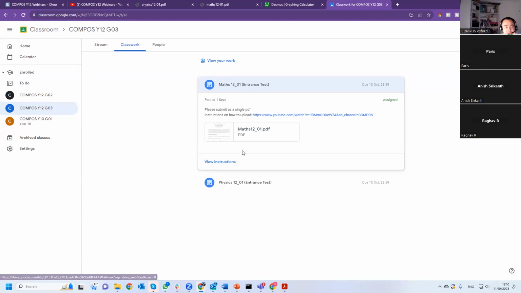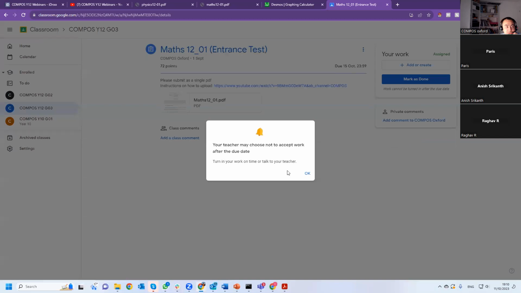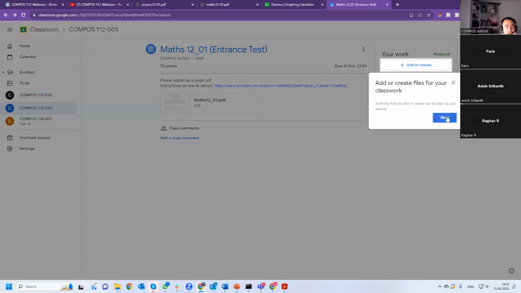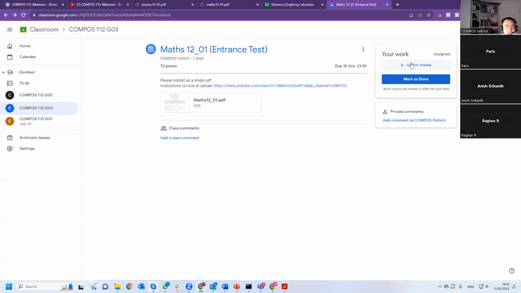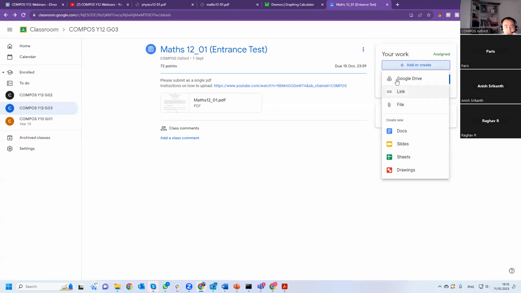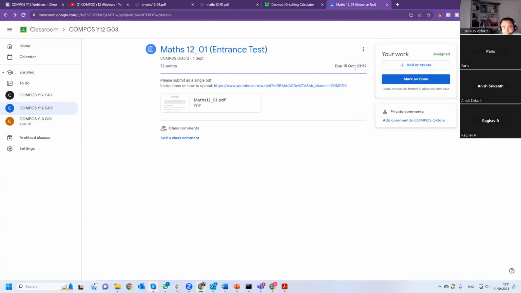And then you view instructions, and then add, create. So you add a file. With a phone you can scan it. Yes, it's better to do with your phone.